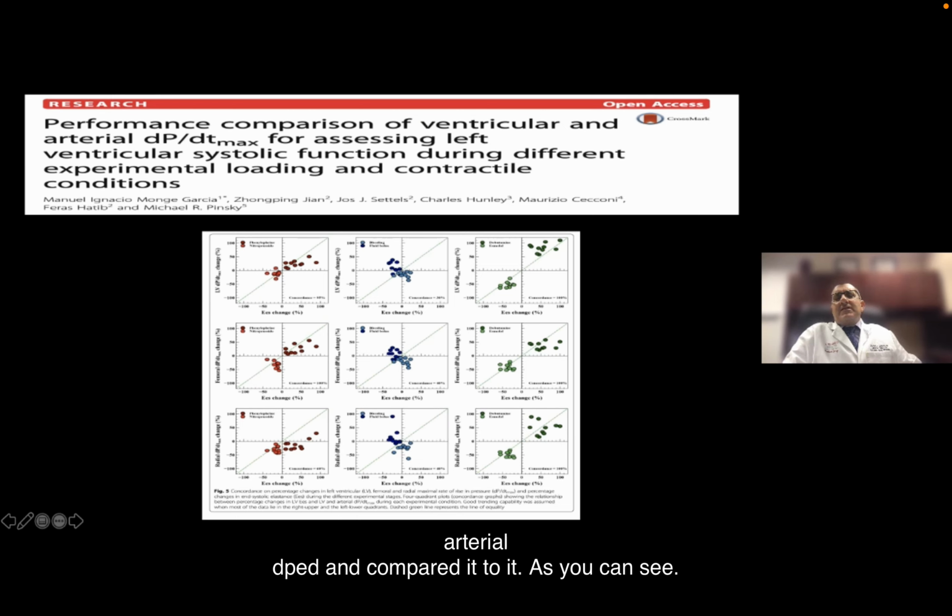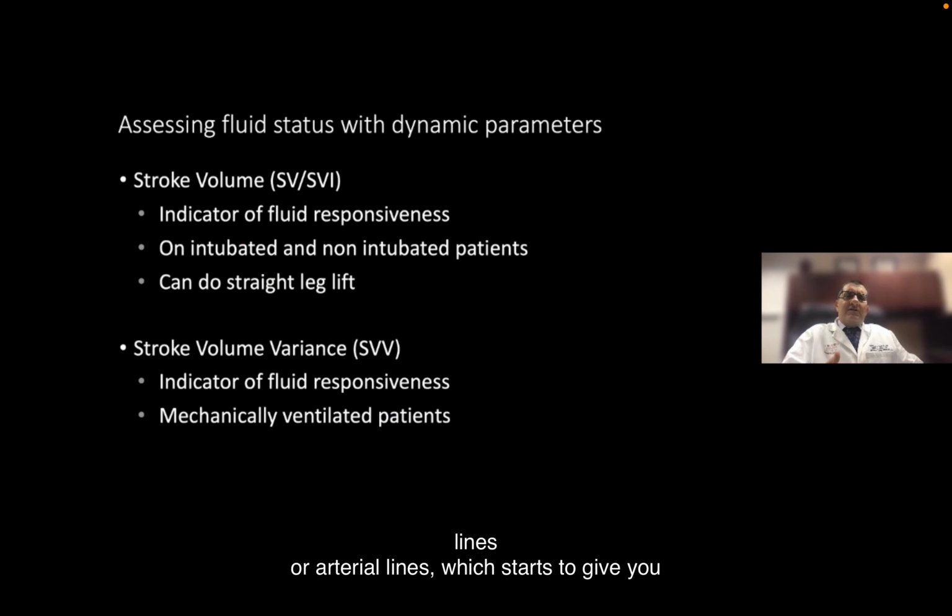And as you can see, most of our comparisons were right on, and it started to revolutionize the idea that arterial waveform functions have a direct reflection of cardiac performance wherever they are, whether they're femoral lines or arterial lines. That gives you the utilization that you can not only use stroke volume variation for a constantly ventilated patient, but you can also use contractility, which is extremely important.